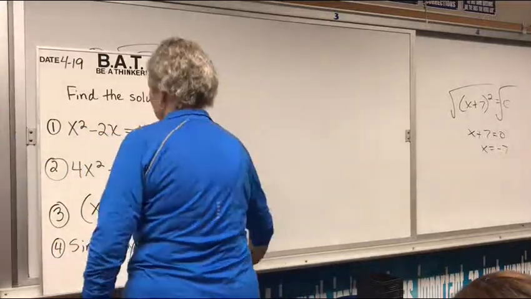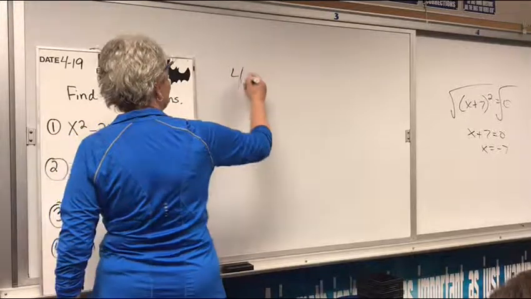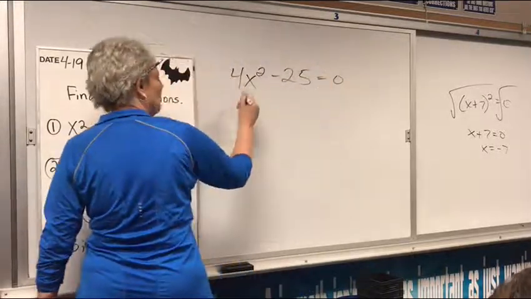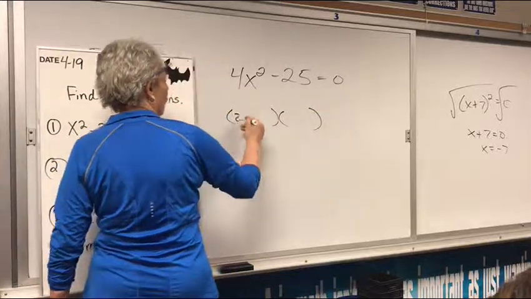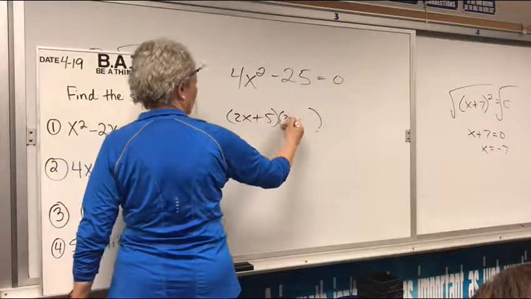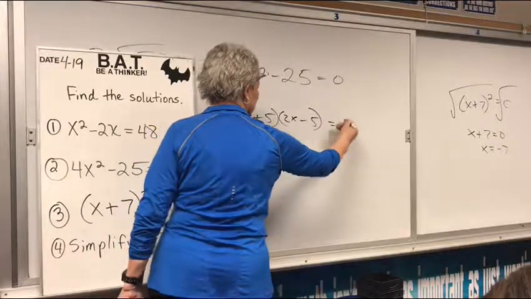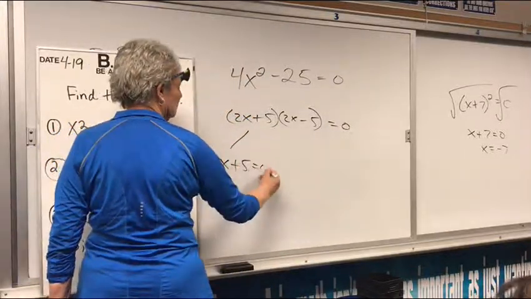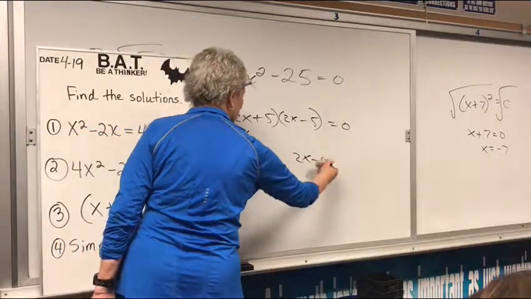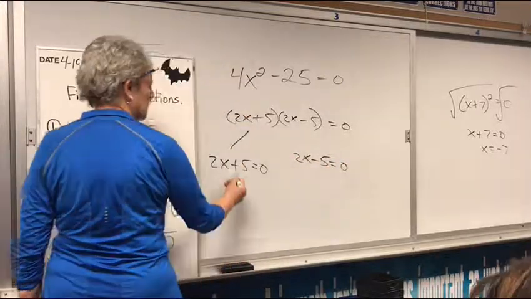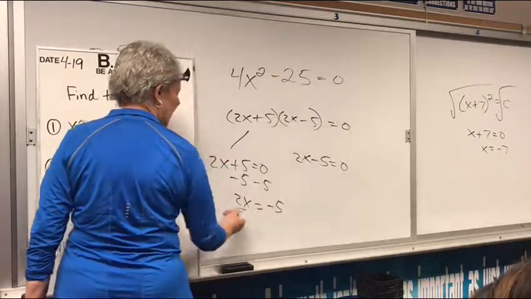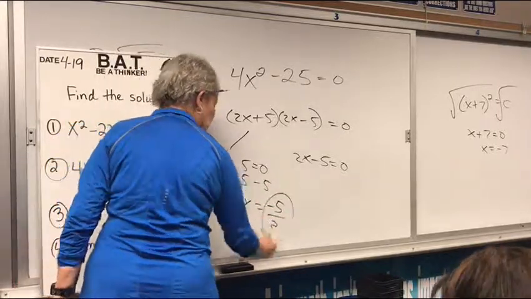All right. Number 2, I assume you factored the difference of 2 perfect squares. One's plus, one's minus. You solve this one for 0, and you solve this one for 0. Subtract 5. 2x is negative 5. Divide by 2.